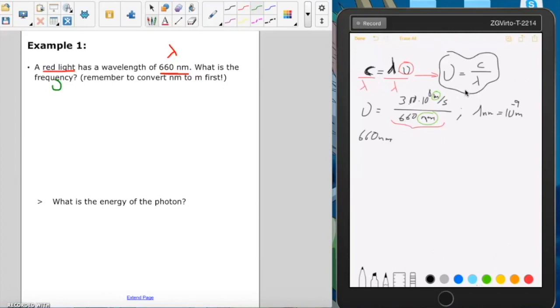So we take 660 nanometers over 1 and multiply this by a fraction, using this equality in order to convert the nanometers into meters, because we know that 1 nanometer is 10 to the minus 9 meters.